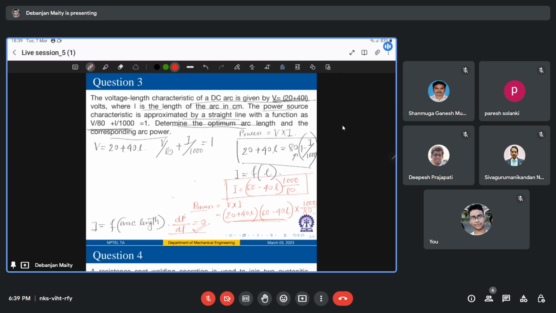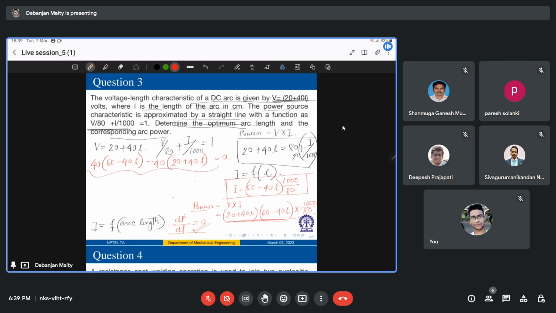So if you are making dP/dL as 0, what will happen from this function? It will be 40 into 60 minus 40L, and then minus 40 into 20 plus 40L, that is equal to 0.